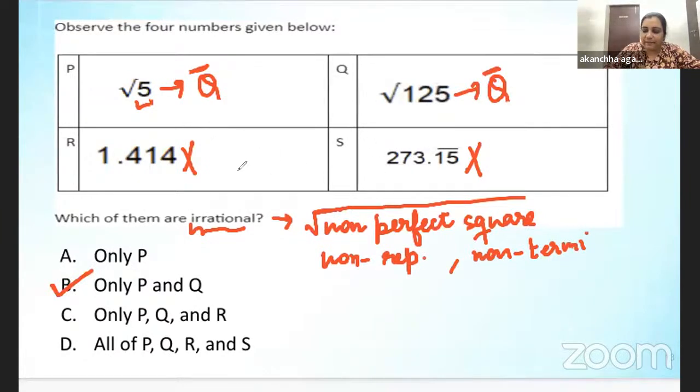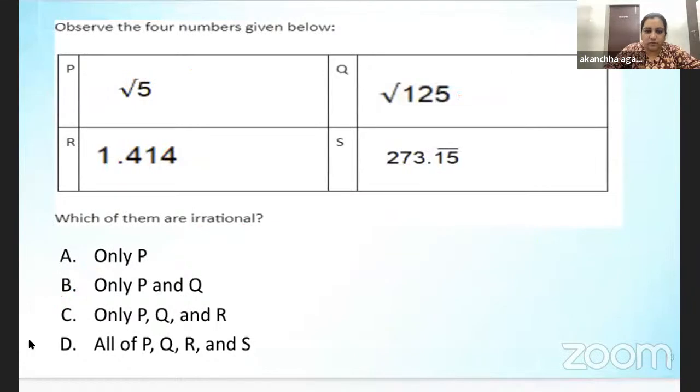In the other two examples, the first one was terminating and the last one was repeating. So these cannot be the correct answers, right? Any doubts, anyone? Okay, if we don't have doubts, we'll move forward.